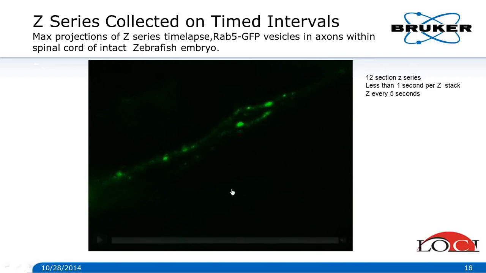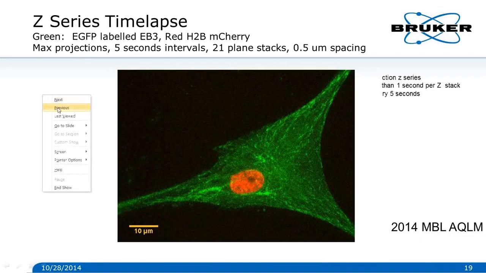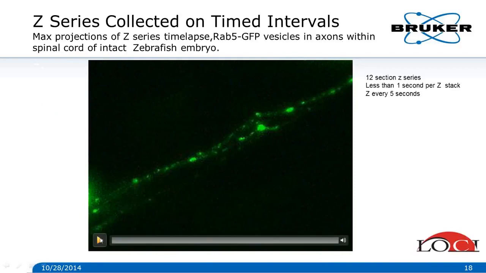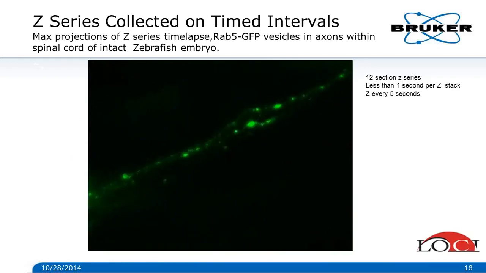On a point scanning system, it was taking 15 or 20 seconds to collect a single Z-series, and that was just too slow for them to be able to visualize what they wanted to see in the experiment. And they were able to visualize these vesicles moving in 3 dimensions with the data they collected on the Upterra that day. And they were quite excited about it.